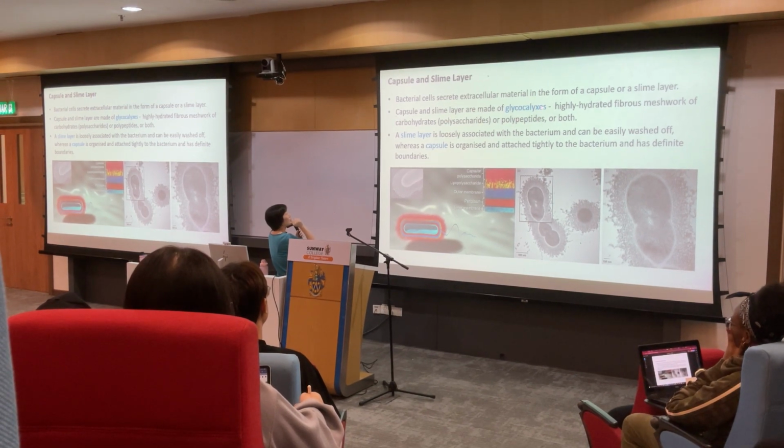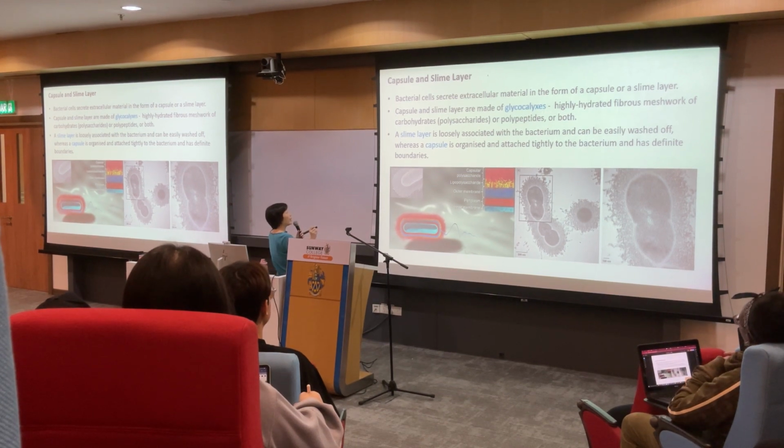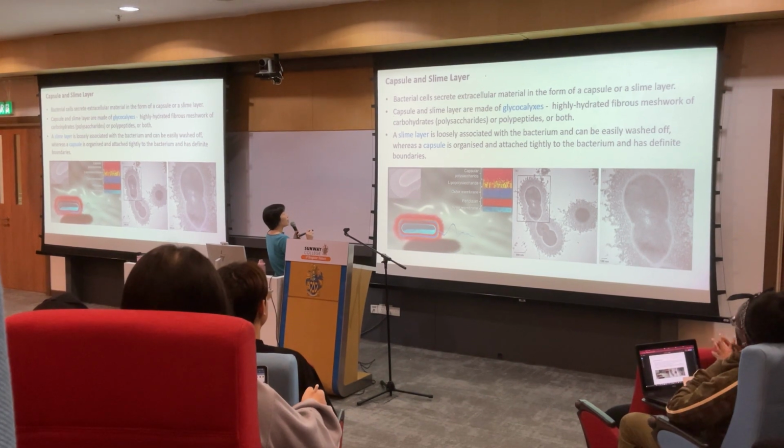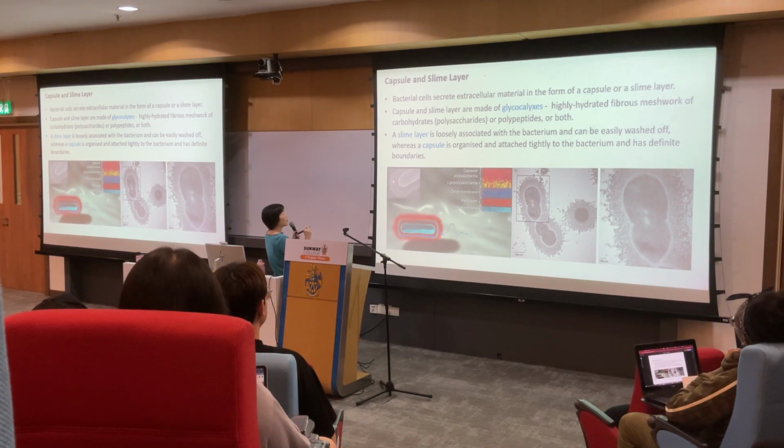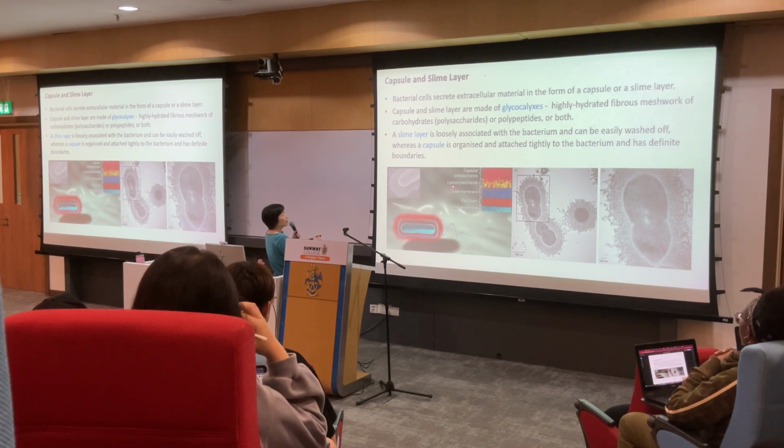They are glycocalyx that is secreted by the bacterial cells, and they form a mesh network on the surface of the cells. So you have many layers. If you look at the envelope of a gram-negative, you have the inner membrane, the periplasmic region, the outer membrane, and the LPS.